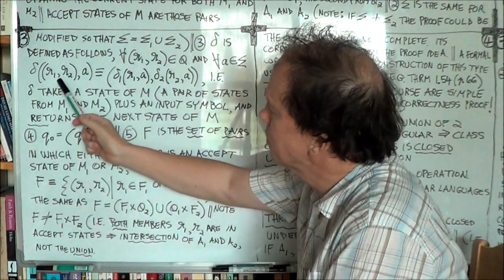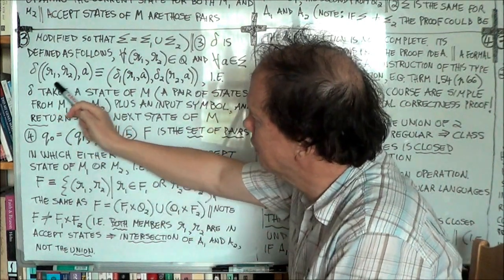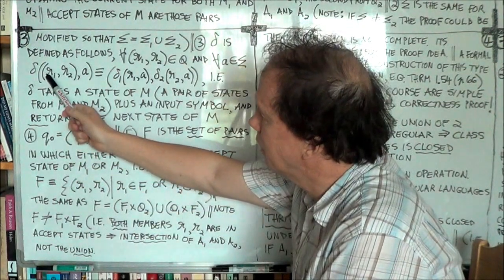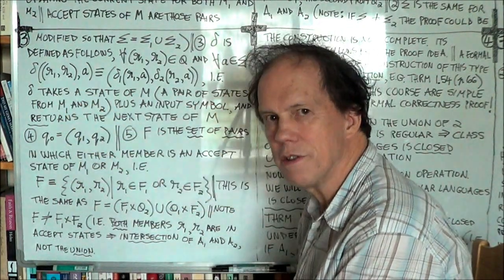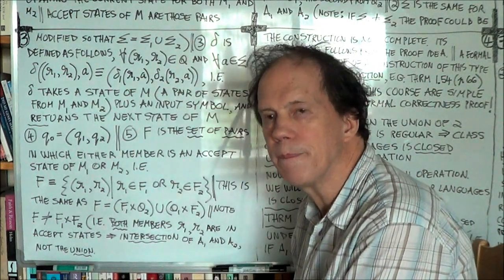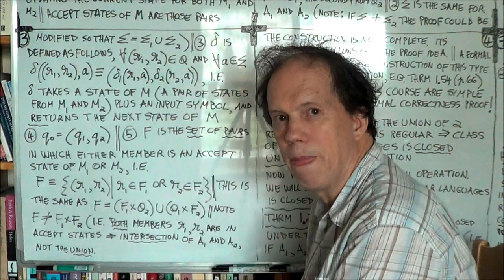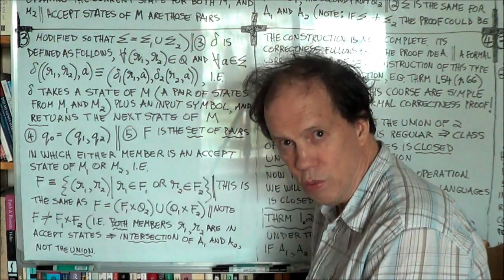Right? So, what's it doing? Well, it's taking a current state of machine M, where R1, the first member of your ordered pair, is the current state of machine M1. And the second member of the ordered pair is the current state of machine M2.